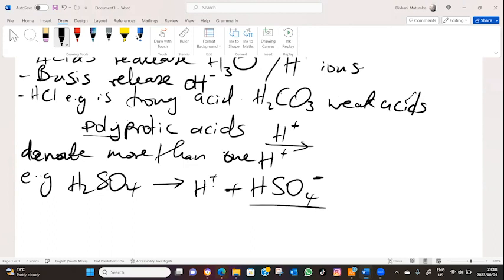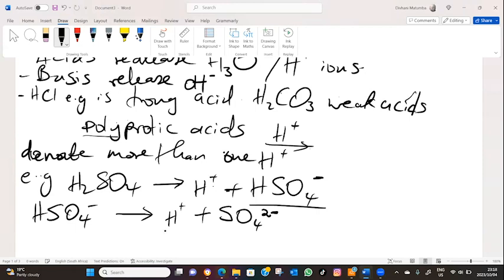And this HSO4 minus can further donate another hydrogen to become SO4 2 minus.